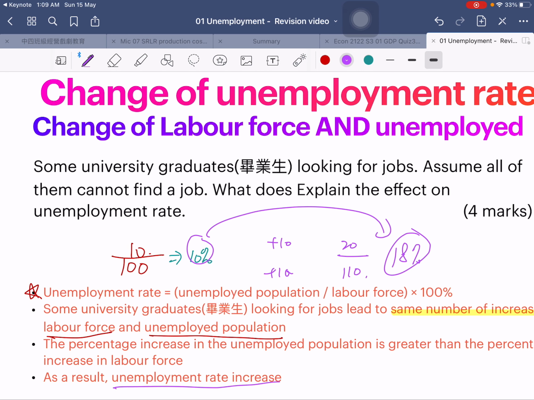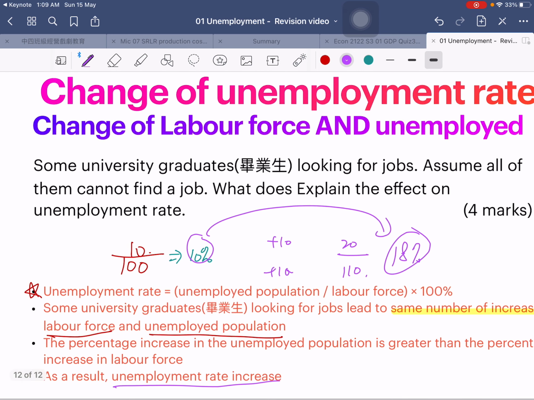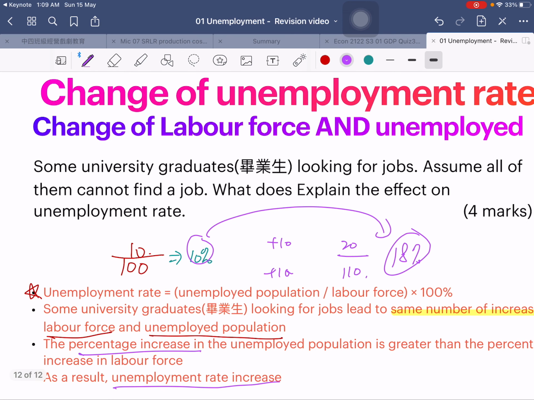But how do we explain this? This is because the percentage increase in the unemployed population, that means the upper part, is greater than the percentage increase in the labor force, which is the lower part.